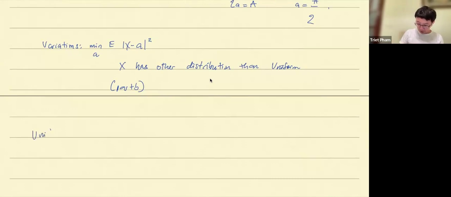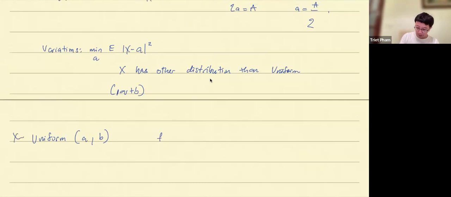The first one we started with is the uniform, alpha to beta. You know what, let's call it uniform A to B. So the uniform has several properties. The first thing is that the density, of course, is a constant.